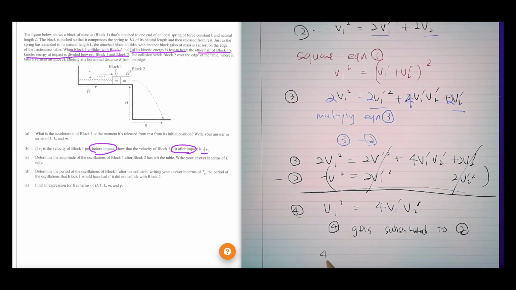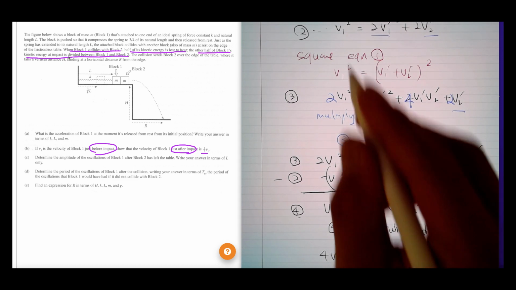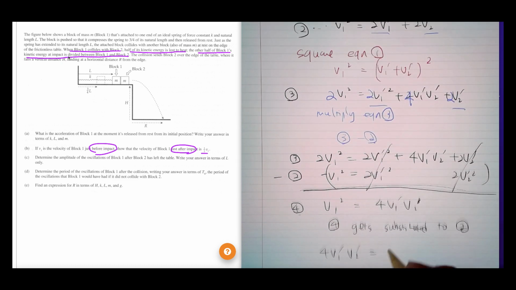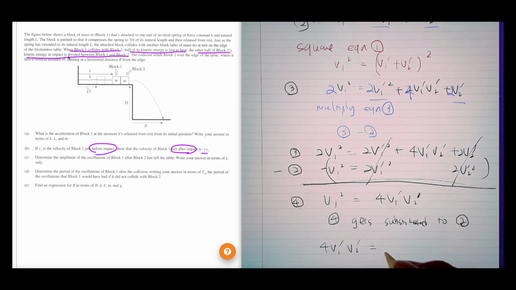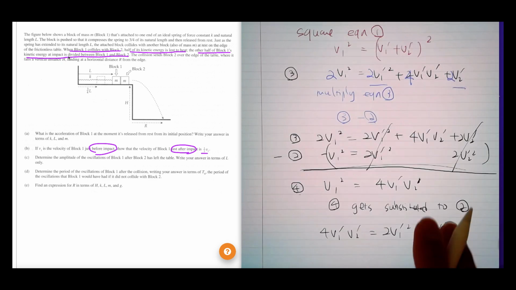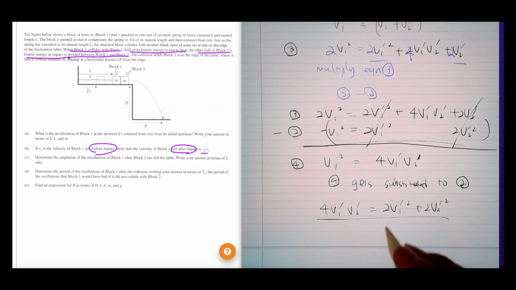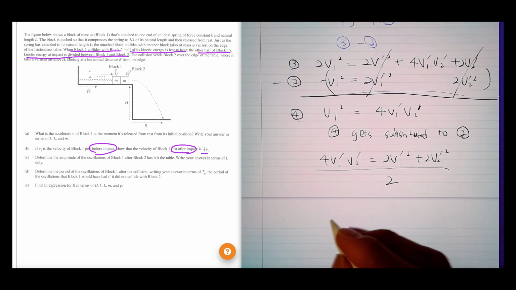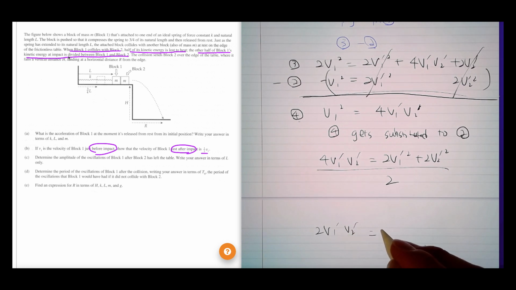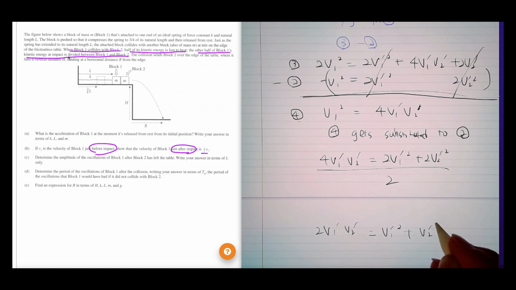So 4b1' b2' is equal to, okay, it's already got the square, so don't square again, 2b1' squared plus 2b2' squared. Alright, I can divide both sides by 2, and you get 2b1' b2' is equal to b1' squared plus b2' squared.